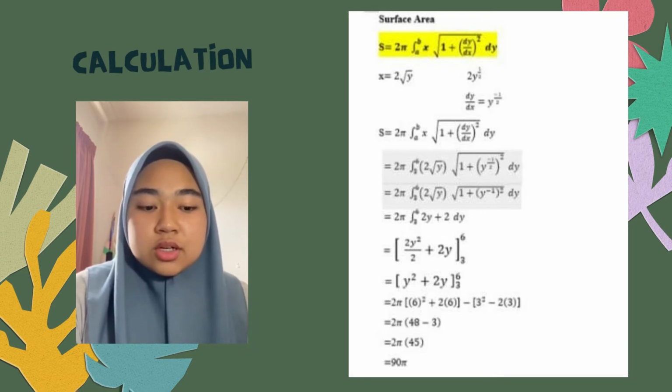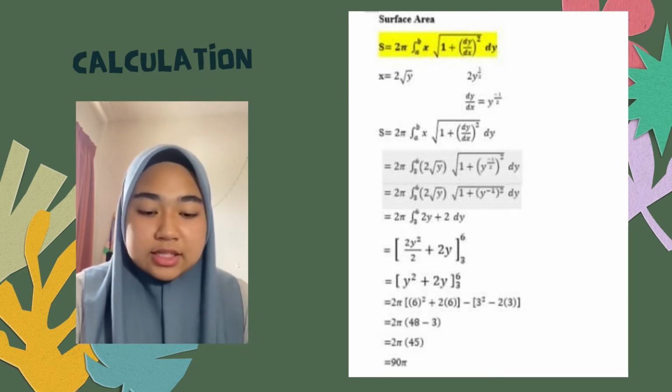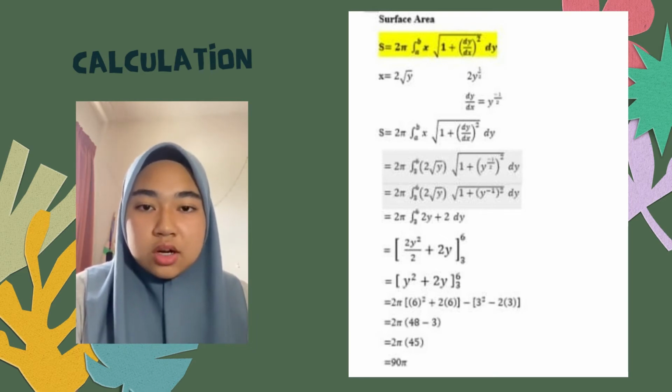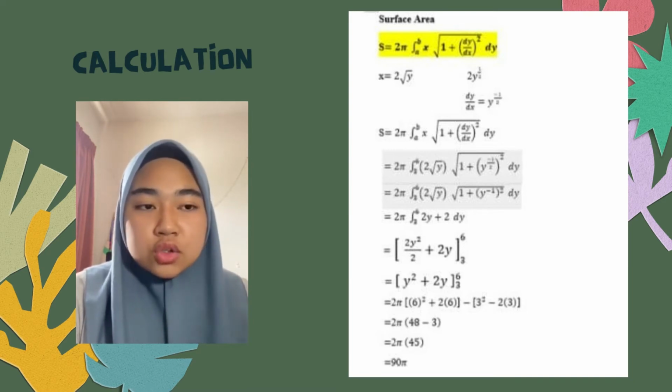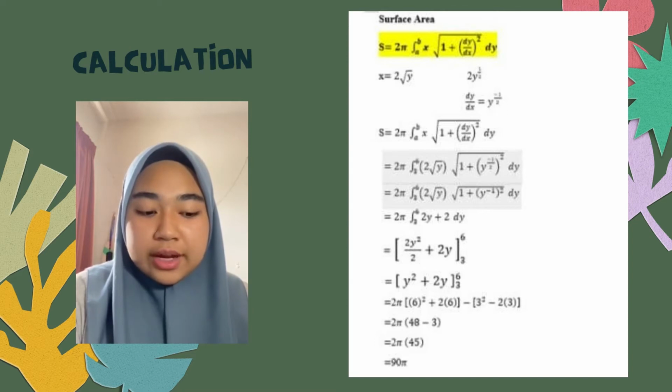Why do we choose the formula about the y-axis? Because this question talks about the pot. Of course, the pot is vertical. So whenever you have to calculate something vertically, of course, it is about the y-axis. So that's why we have to find the x equation.